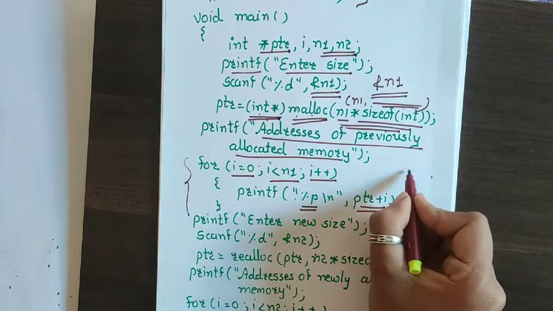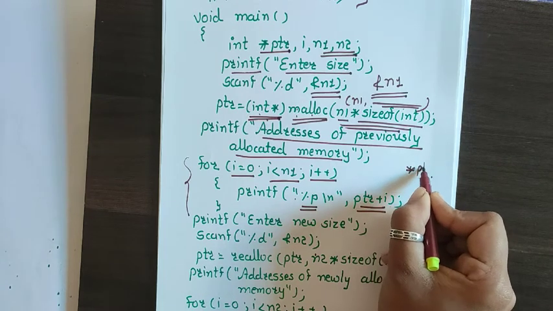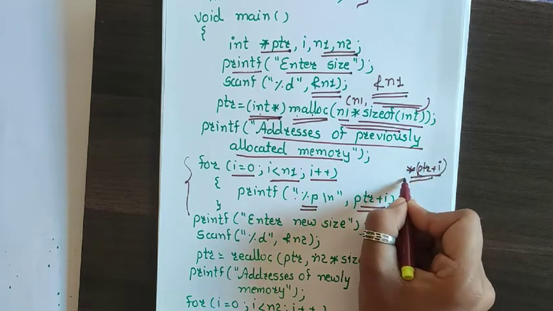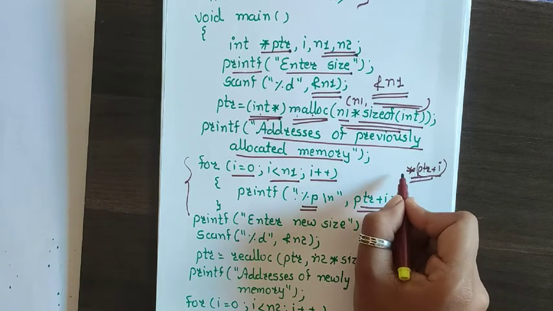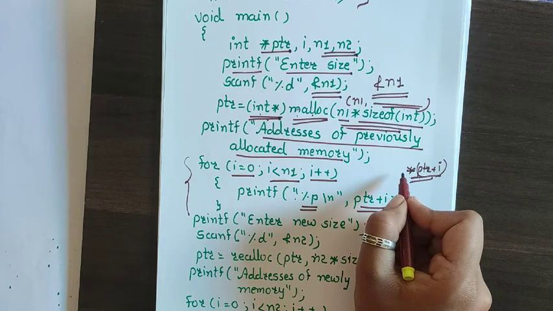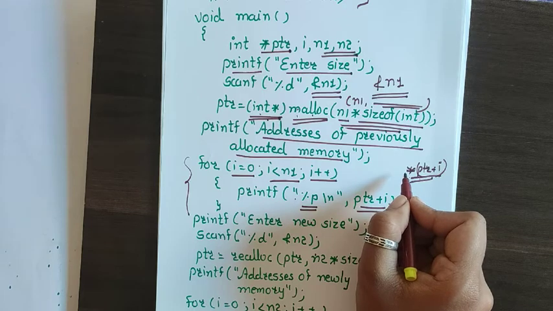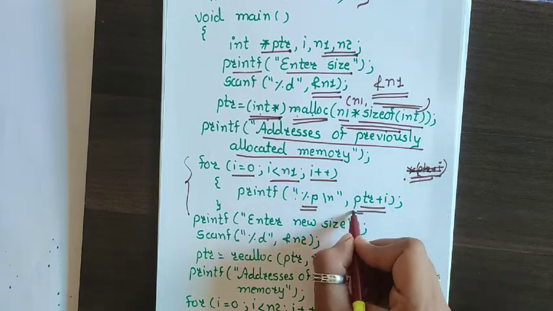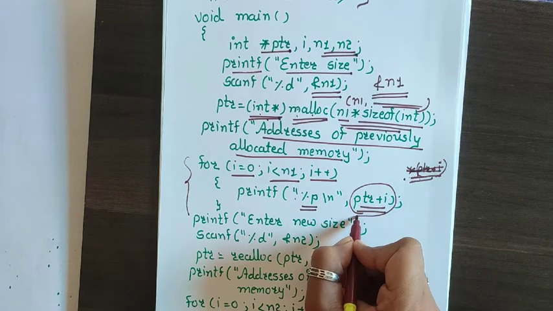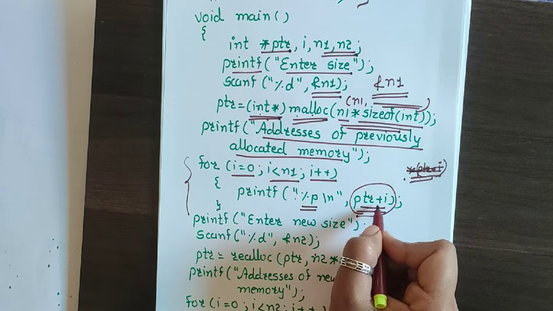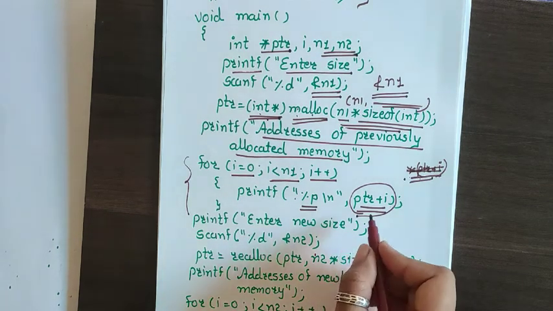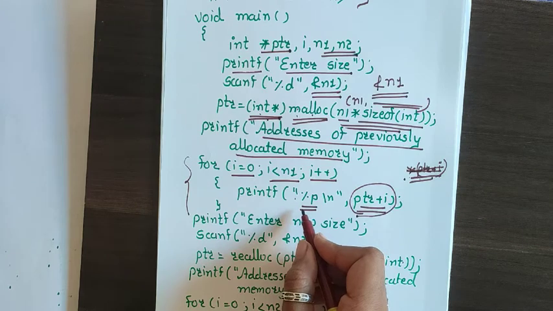Here I am not writing *(ptr + i), because if you write that, it will return the value, and we have not stored any value here, so it will give you garbage data. But what I am writing is ptr + i, that means itself an address, whatever memory is allocated to your program, the address of that memory is printed over here, right?